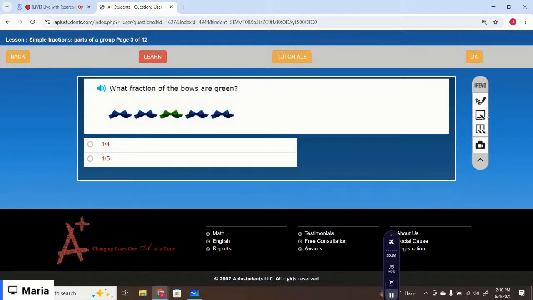There are five rows, and one of them is green. So you can write it as one out of five. Option number two is the correct option.